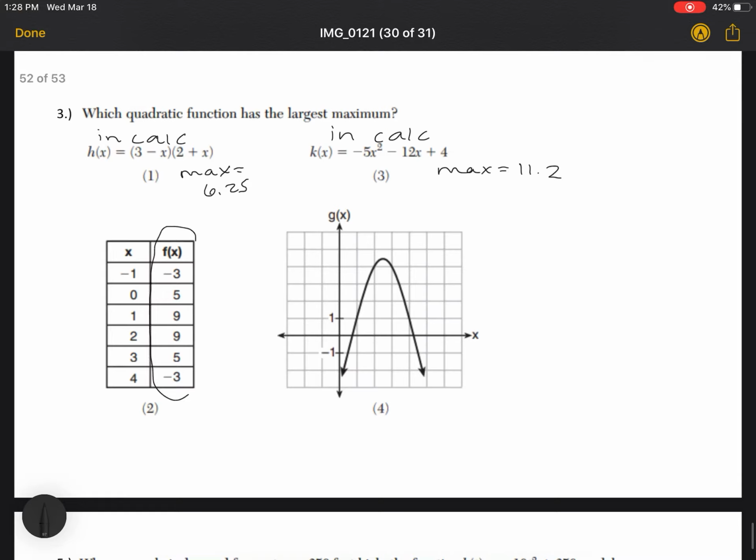Okay, number 2, looking at the y values, which is these values here, your maximum is going to be somewhere in this range here. So it's going to be a little bit higher than 9, so I'm just going to note that here. Max is a bit higher than 9.